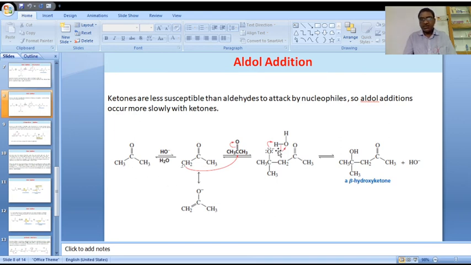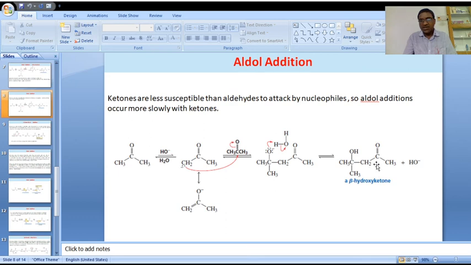Here the negative oxygen abstracts hydrogen from water and is converted to a hydroxyl functional group, and here there is a ketone. The adjacent carbon is called the alpha carbon, and the next carbon is called the beta carbon.